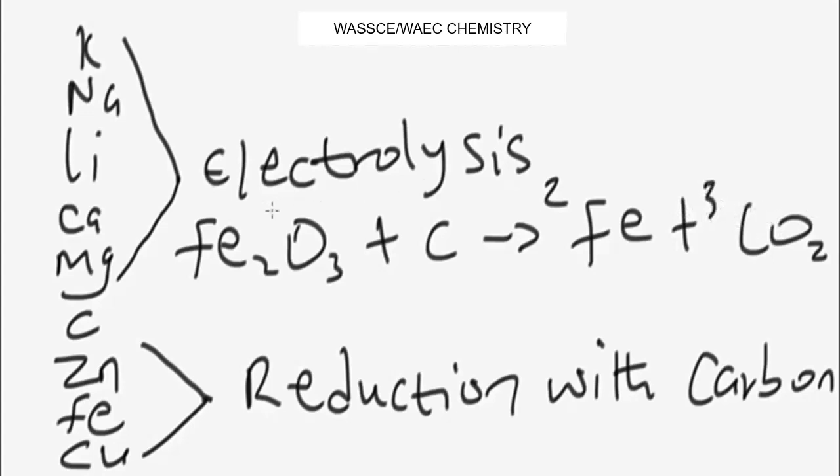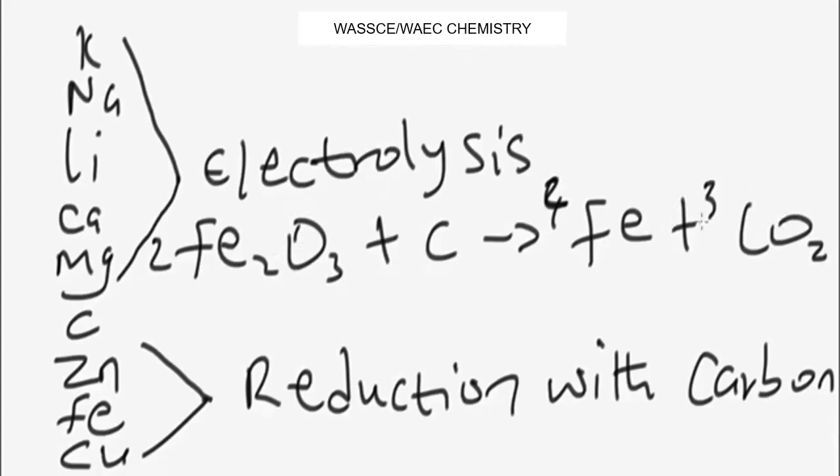Oxygen is now 6 at the right. To balance out the oxygen here at the left, we add 2. So oxygen is now 6 at the left as well. Okay, now you see that iron is no longer balanced. We have 4 iron at the left, we have 2 at the right. So these 2 now change to 4. Okay, now iron is balanced and oxygen is also balanced.